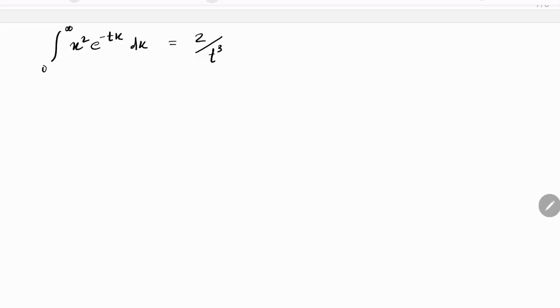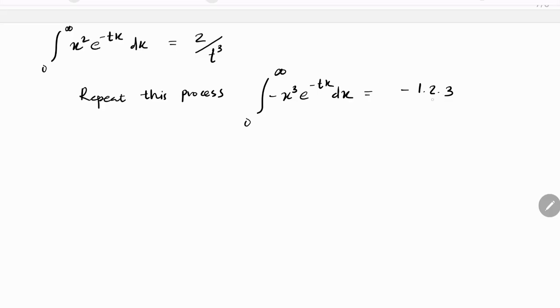Again we repeat the process, taking partial differentiation. We get the integral from 0 to infinity of minus x cube e^(-tx) dx equal to minus 1 into 2 into 3 divided by t to the power 4.